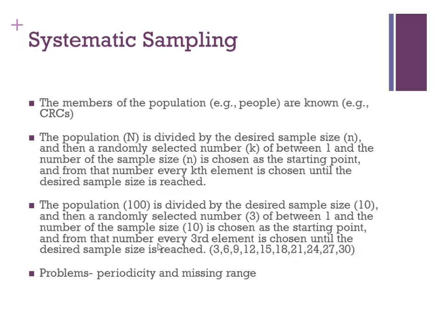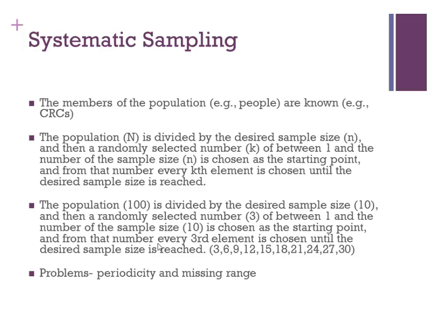This is a useful approach, but it sometimes is associated with problems. You can see, for example, if we're talking about 100 people and we only got to 30 in our sample, then there's a whole lot of people at the other end of the spectrum between 30 and 100 who weren't included in the sample.